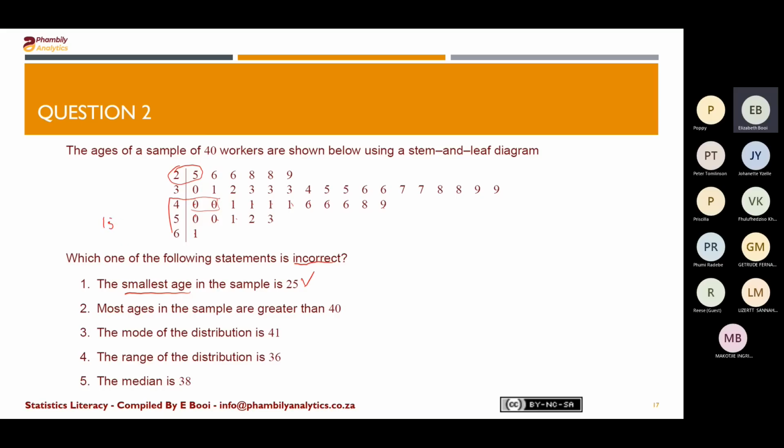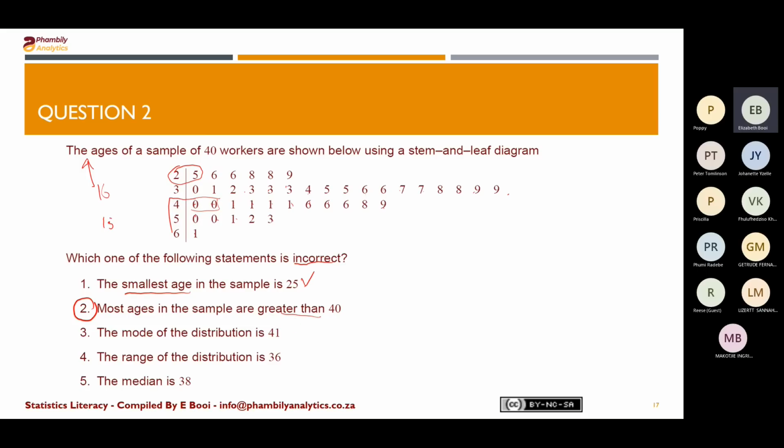There are 15 of them that are greater than 40, and there are 16 that are 40 and below. It means most of them are not greater than 40. So this is the incorrect one, because it said greater than 40.